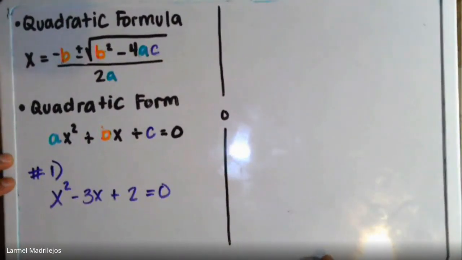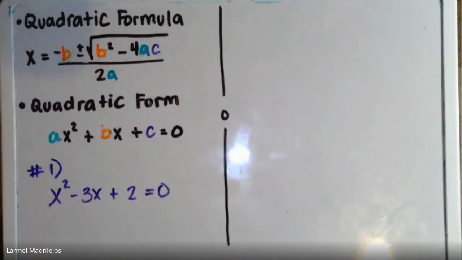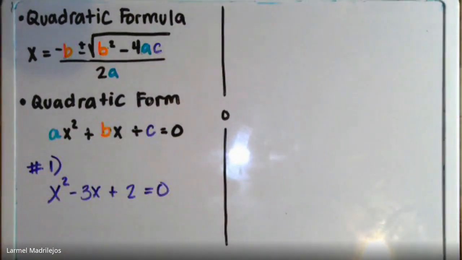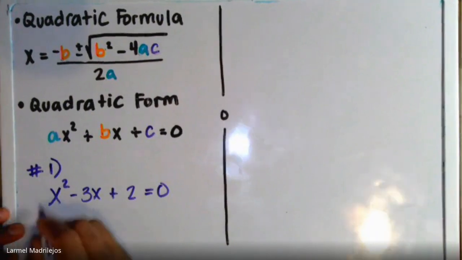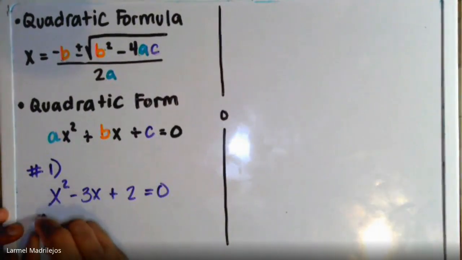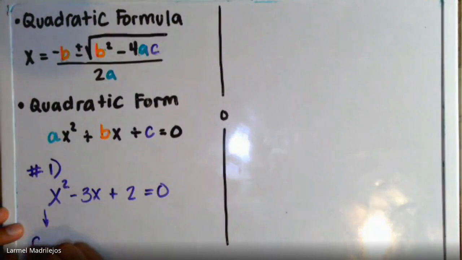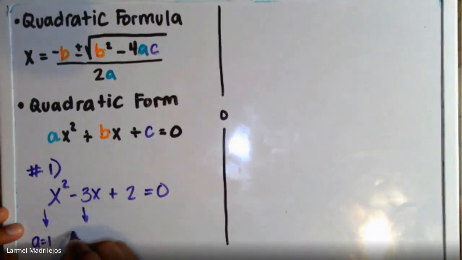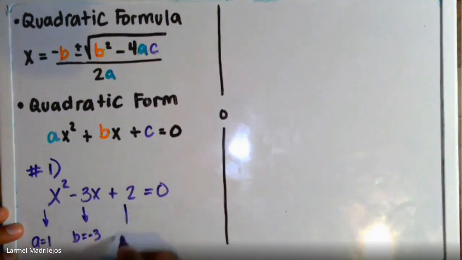We need to identify the variables, the ABCs. There's nothing in front of the x squared, it means 1, so my A is positive 1. The B is negative 3. And my C is positive 2.